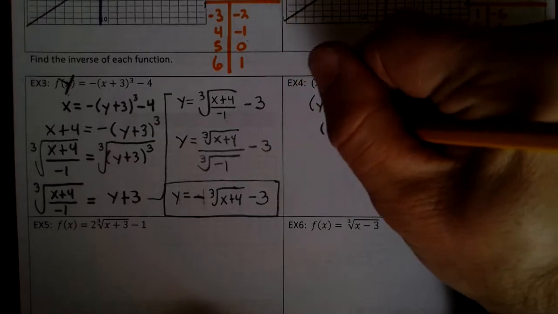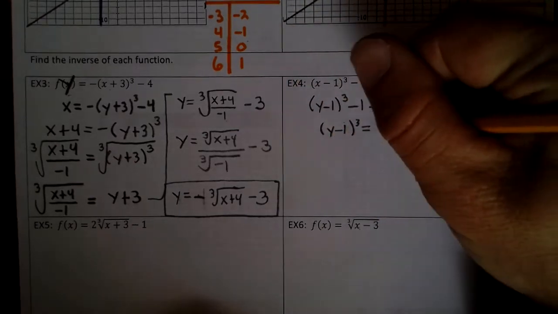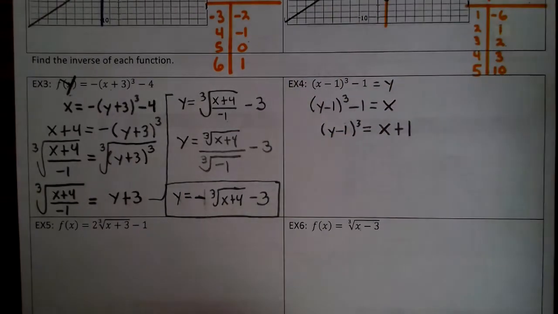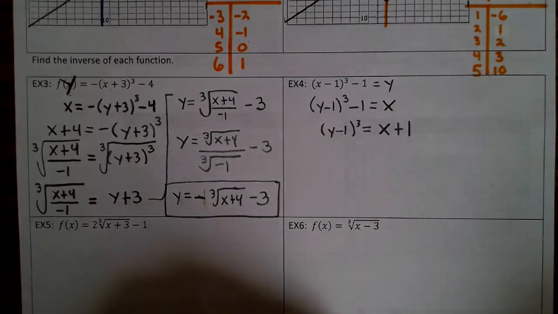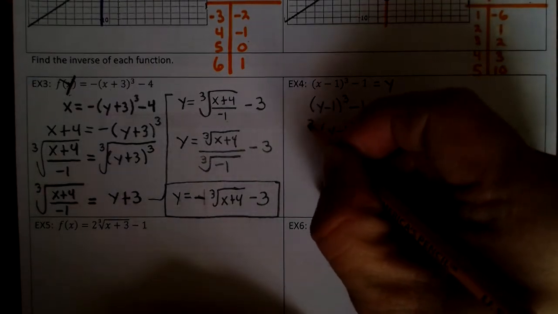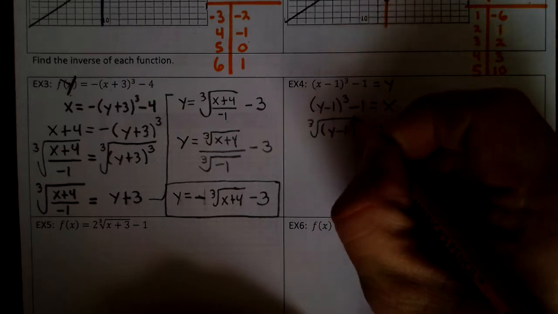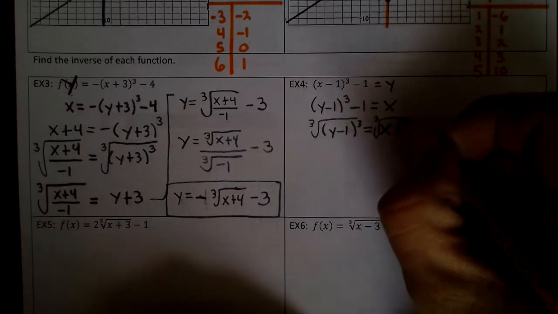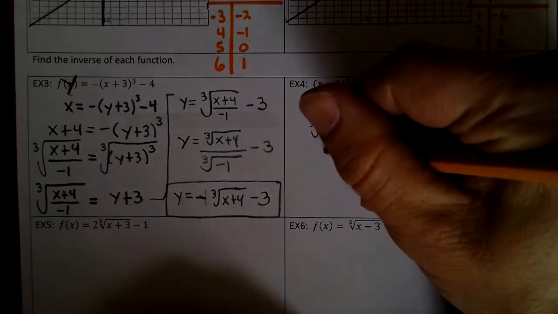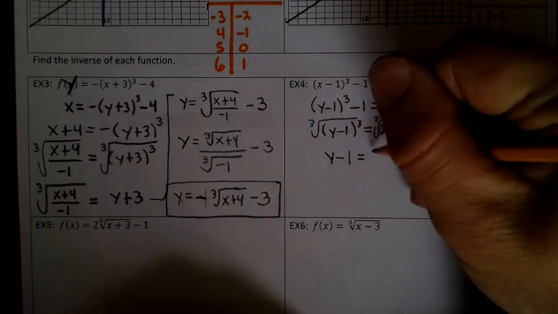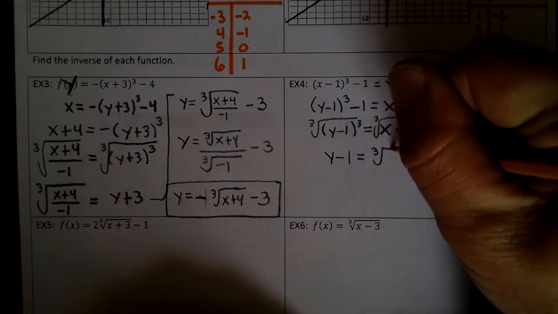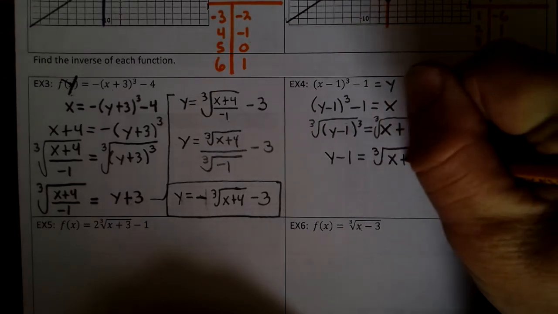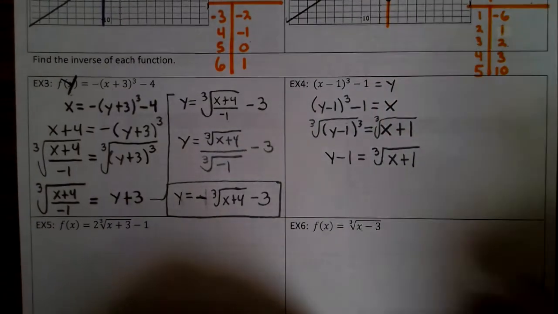Now we're going to cube root both sides. So then you're left with y minus 1 equals the cube root of x plus 1. Add 1 to both sides. Y equals the cube root of x plus 1 plus 1.